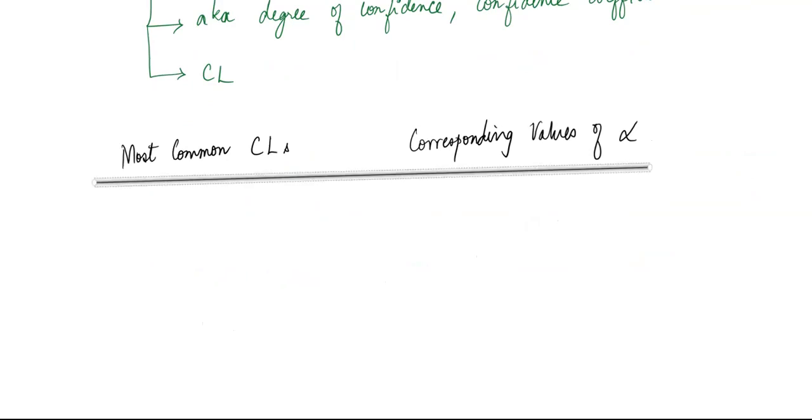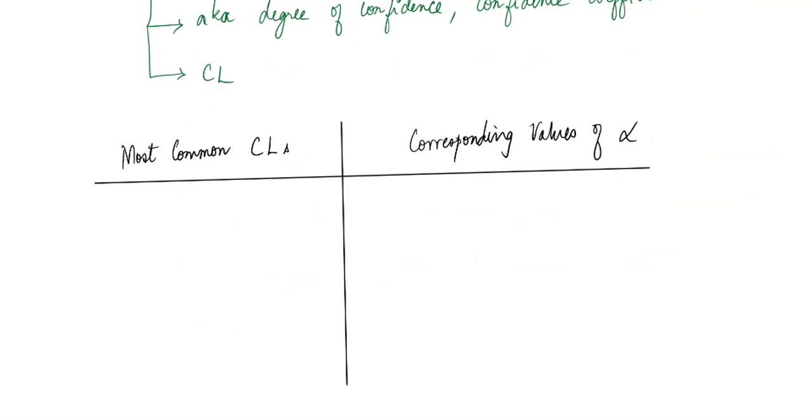So if I want to use a 90% confidence level, its decimal will be 0.90, right? Then the corresponding alpha will be 0.10, the remaining 10%.